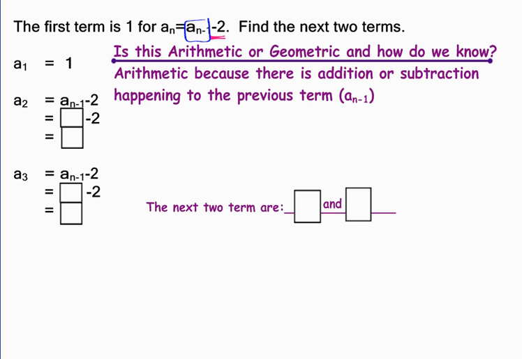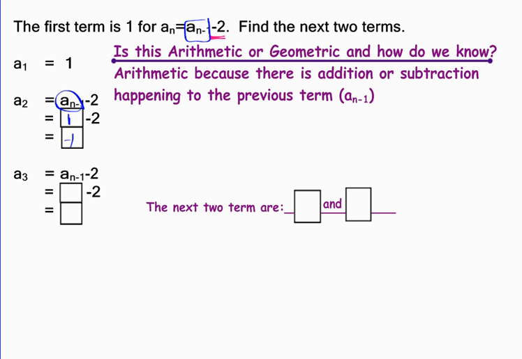So if that's my previous term, 1, my 1 is going to replace this whole piece of notation. I'm going to do the calculation of 1 minus 2, and I get negative 1. Now I'm going to use that term to find the third term.